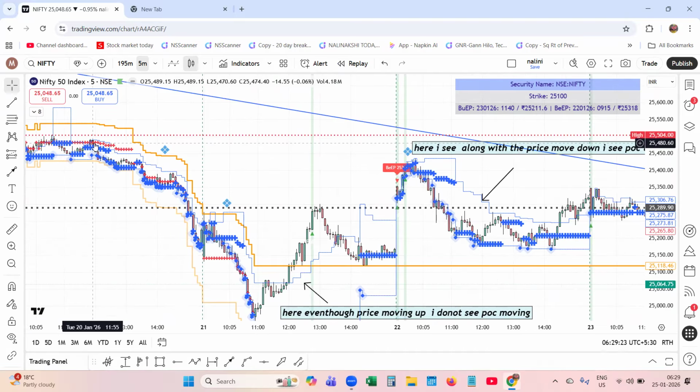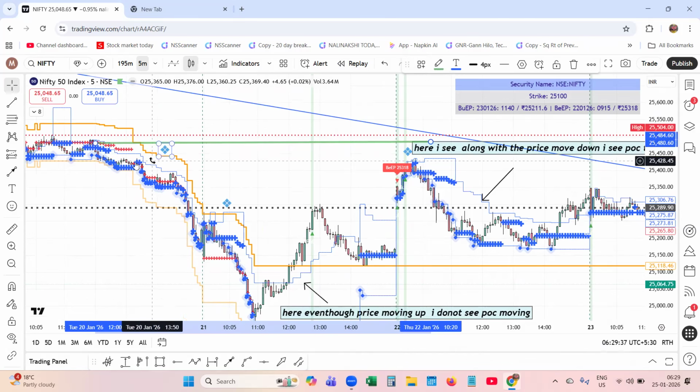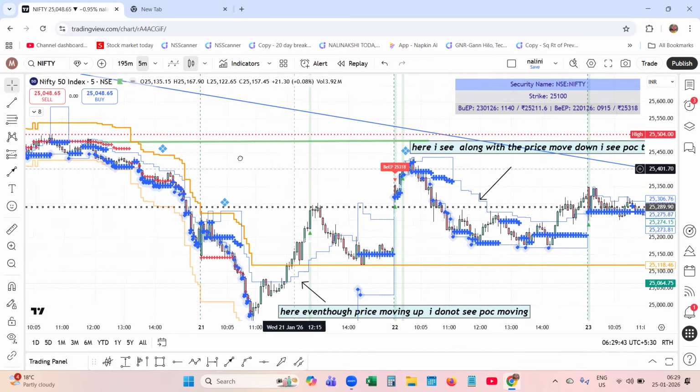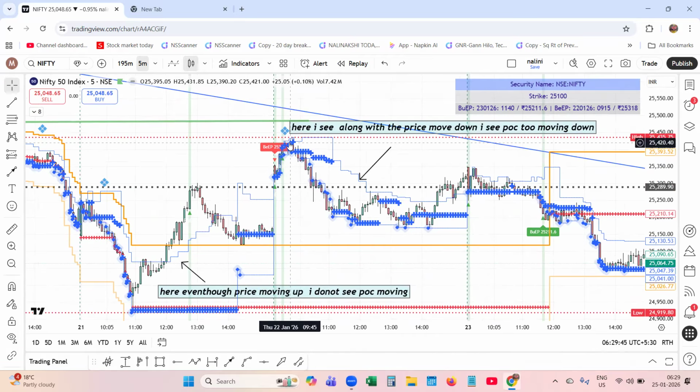This is the weekly point of control and the weekly value area high and value area low. There, the price was getting accepted to sell, rejected from this area, and the big players pushed the market, gapped up, and pushed the market to that level. Their intention was to sell.